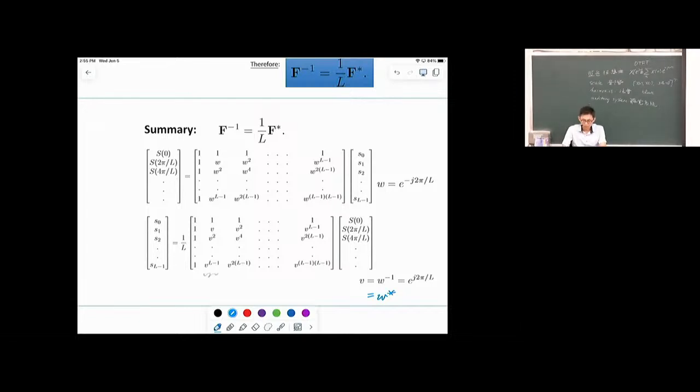So the structure will be the same. This is some forward transform. This is the inverse transform, which goes from the frequency domain right here to the time domain right here.